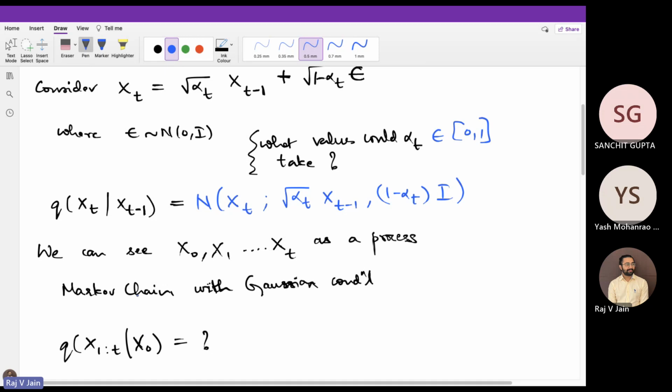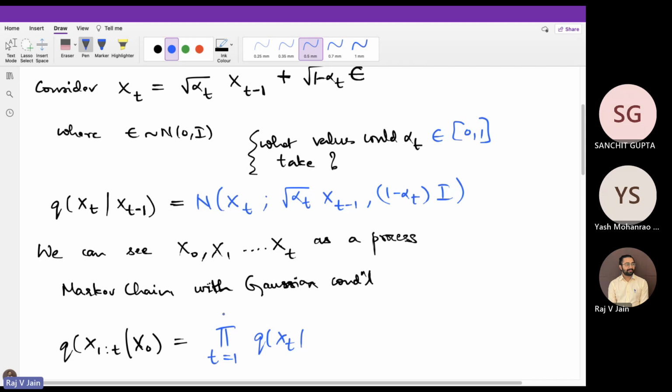How could we write something like this? Q of x1 given x0, then Q of x2 given x1, and so on. Basically the product of Q of xt given xt minus 1.